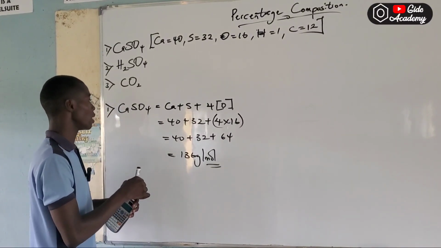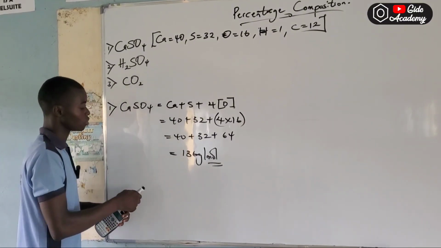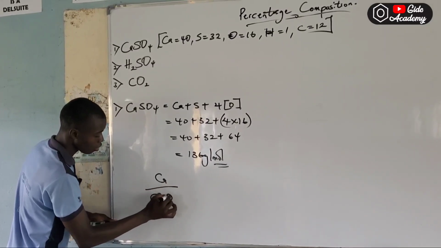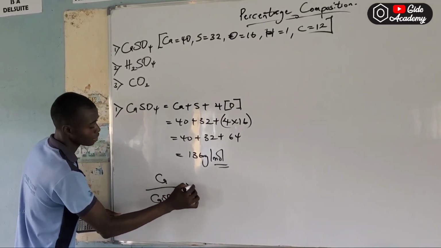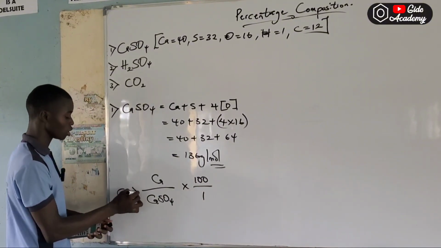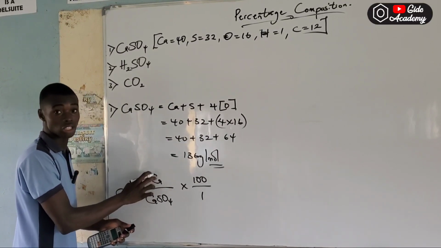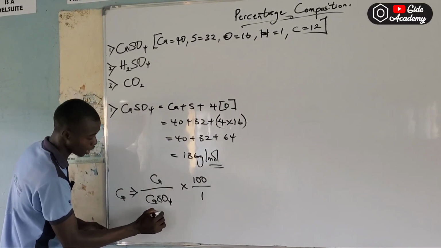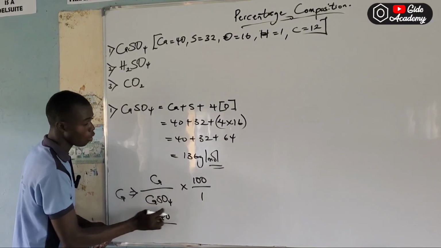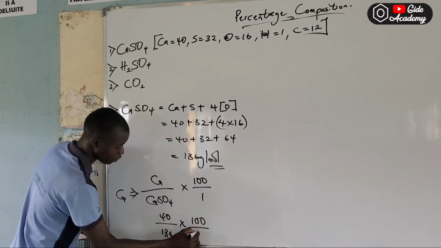After getting the formula mass, now let's calculate the percentage composition of calcium in this compound. You write calcium all over the total compound times 100 all over 1. What is the atomic mass of calcium? Atomic mass of calcium is 40 all over the whole compound, 136, times 100 all over 1.